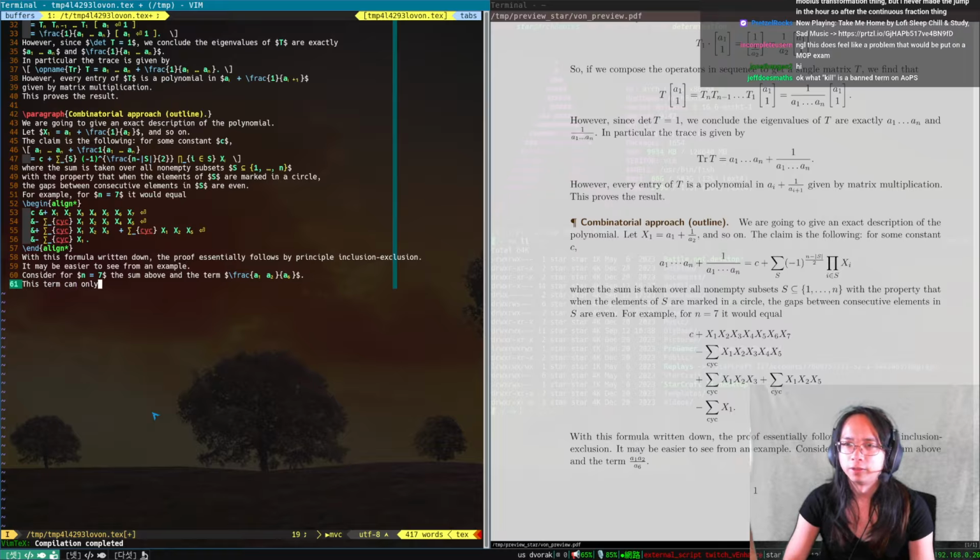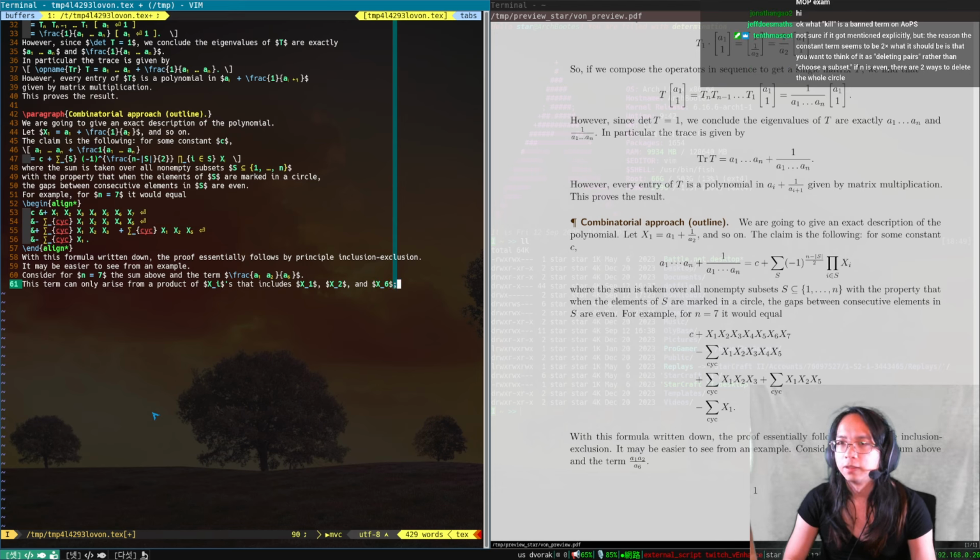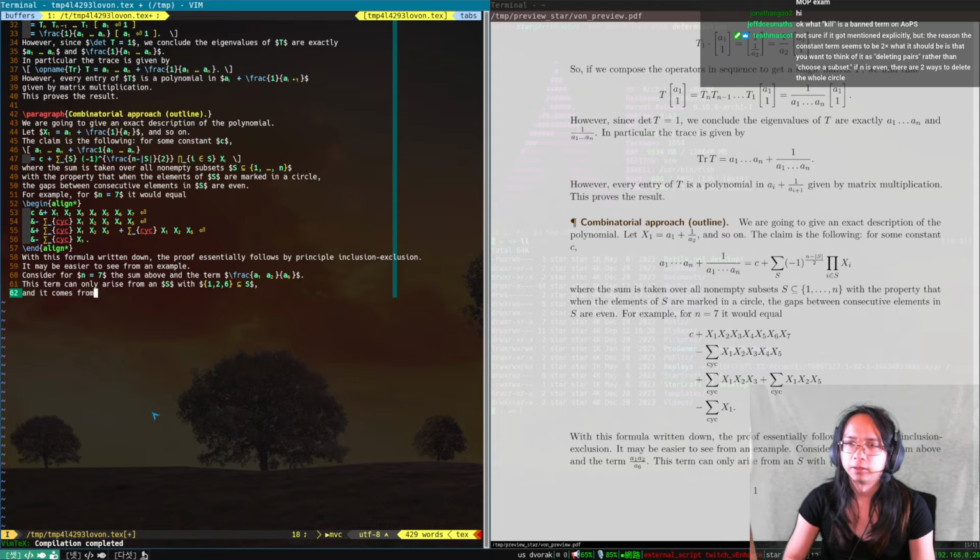This term can only arise from a product of xi's that includes x1, x2, and x6, and in fact from an S with 1, 2, 6 as a subset. Sorry, subset. And it comes from the following four terms exactly.